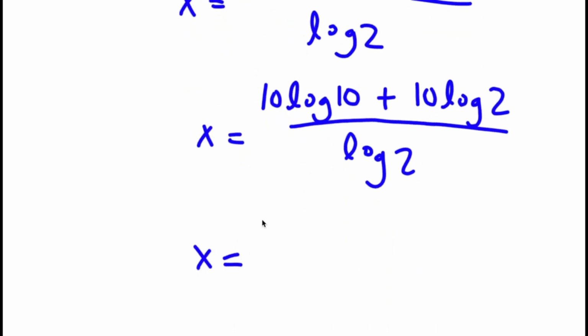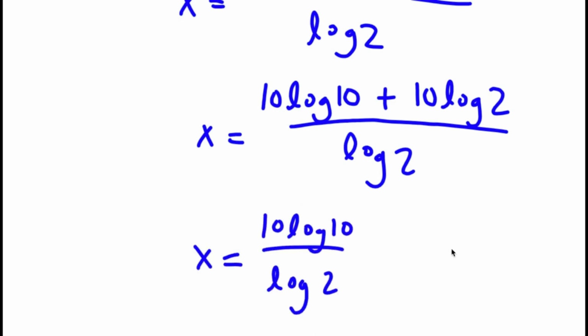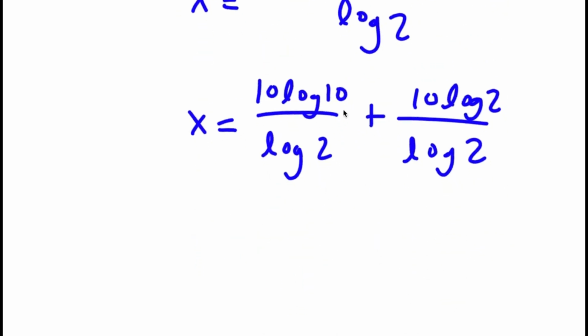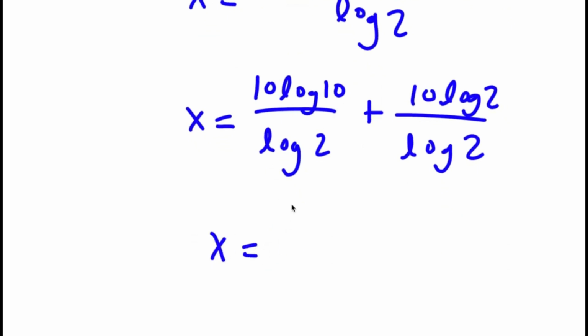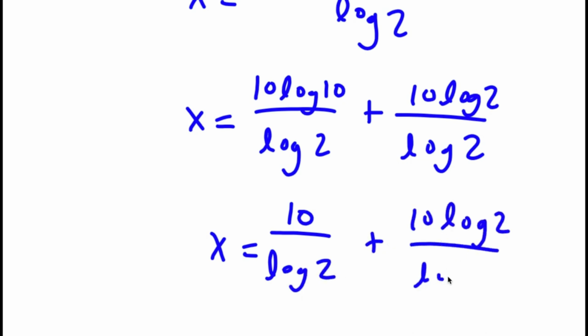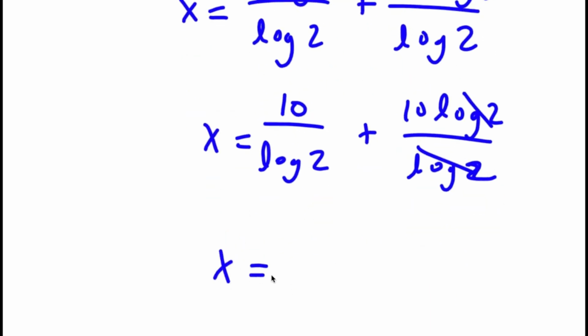This is the same thing as 10 times log 10 over log 2 plus 10 times log 2 over log 2. Now, log 10 is actually equal to 1. So now I have x is equal to 10 over log 2 plus 10 times log 2 over log 2. And these two log 2's are going to cancel out. So now I'll be left with x is equal to 10 over log 2 plus 10.